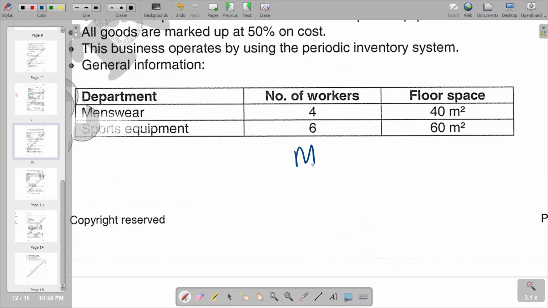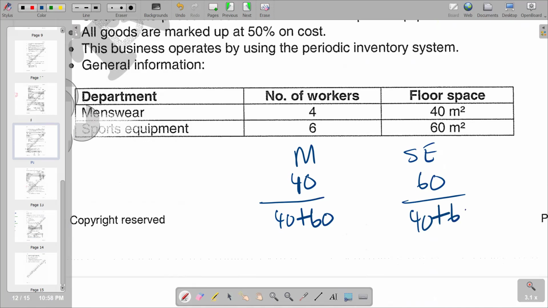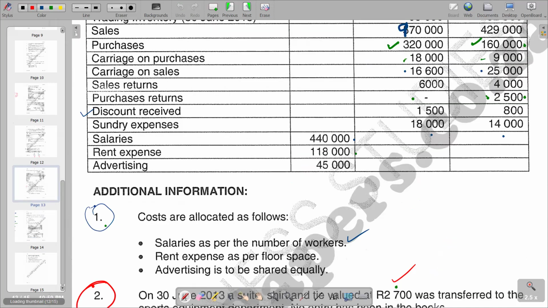We are saying 40 becomes the numerator and the denominator is 40 plus 60. Then for sports equipment, we are saying 60 over 40 plus 60. So the denominator will be the total. In this case, we can simplify it further to become 40 over 100, and here it becomes 60 over 100. So we multiply it by the total that we have for rent, which is 118,000.